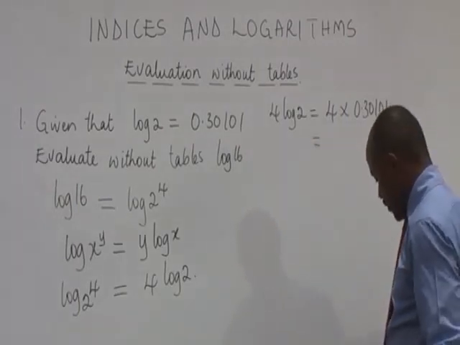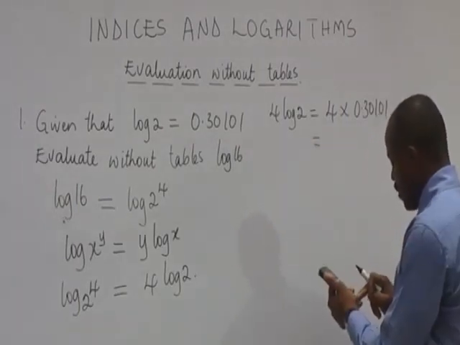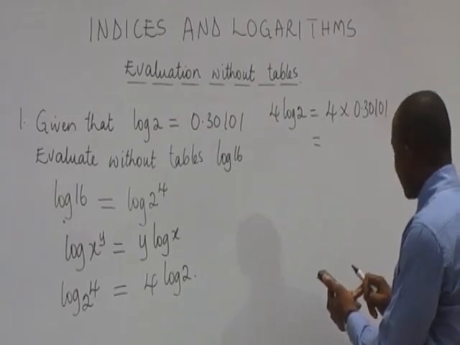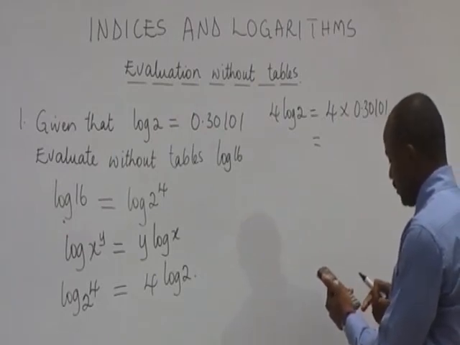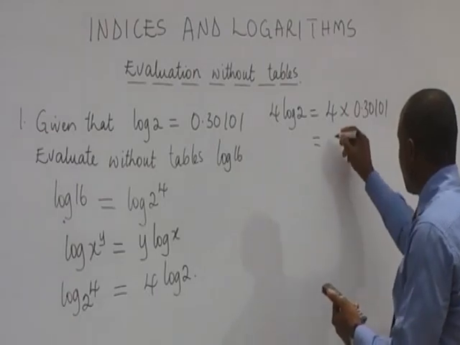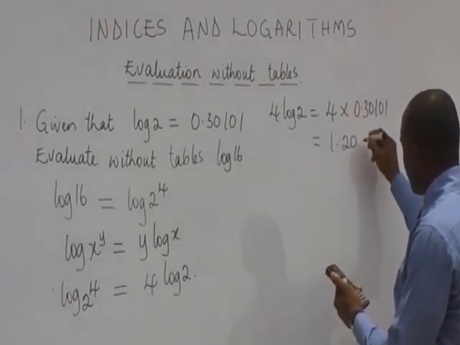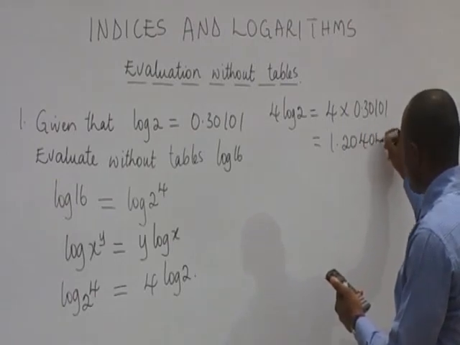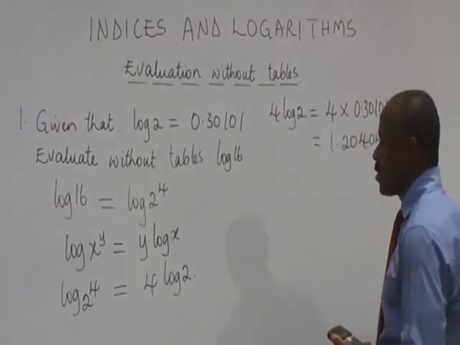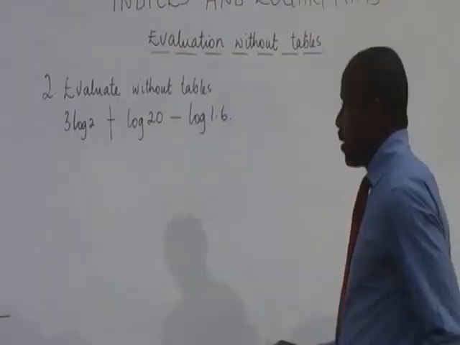Use your calculator. You have 4 times 0.30101. It's given me 1.20404. And that has brought us to the end of that question.